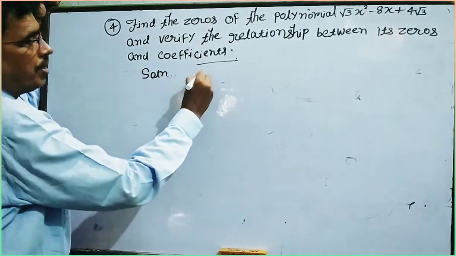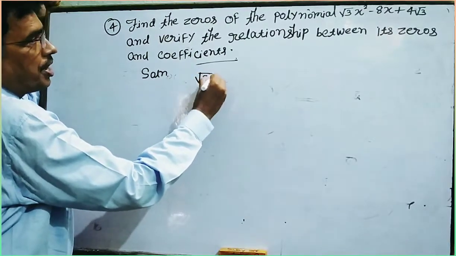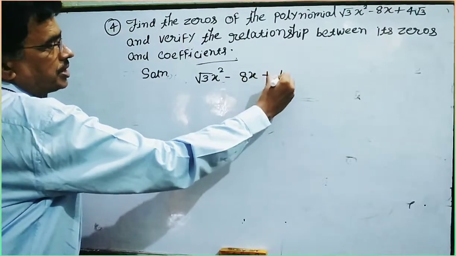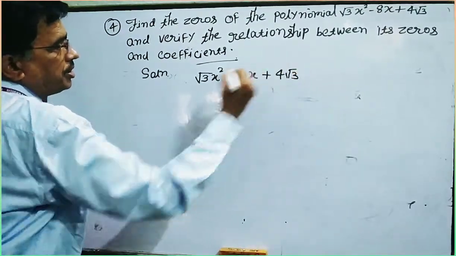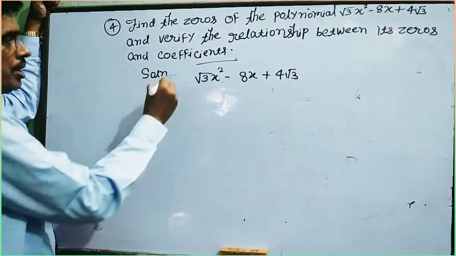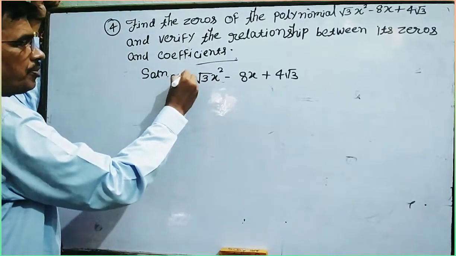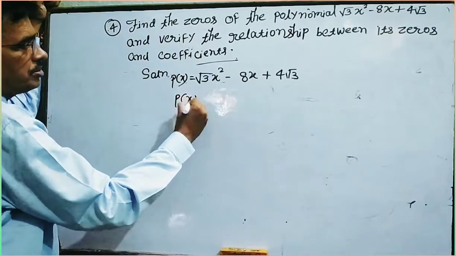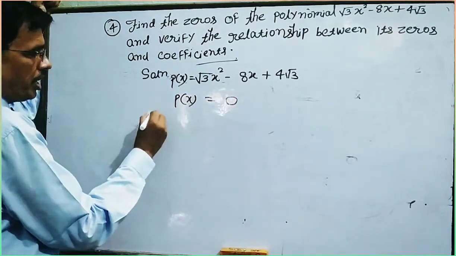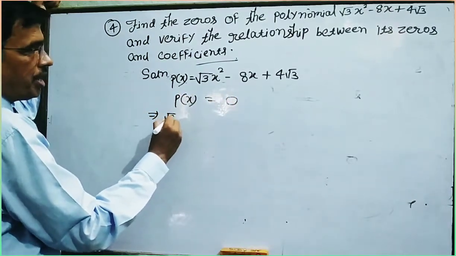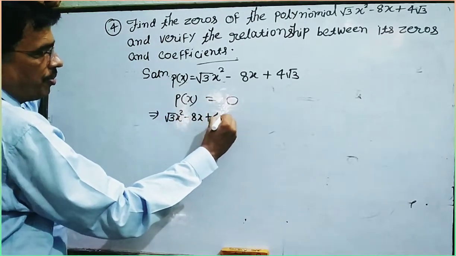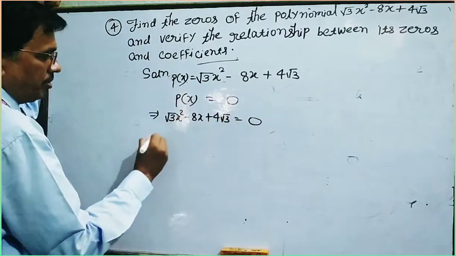We have the polynomial p(x) = root 3 x² − 8x + 4 root 3. We want p(x) equal to 0, so we write root 3 x² − 8x + 4 root 3 = 0.